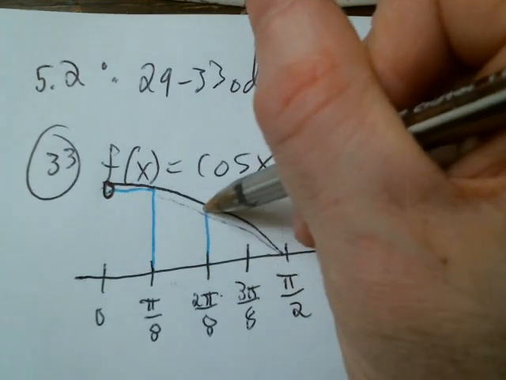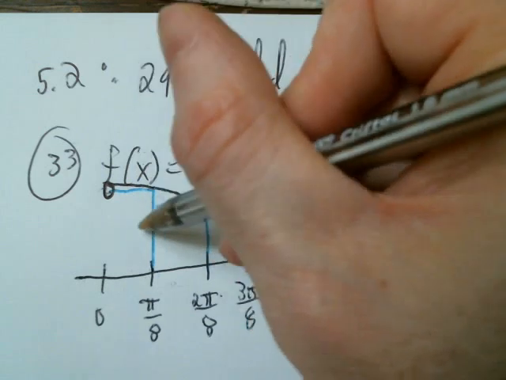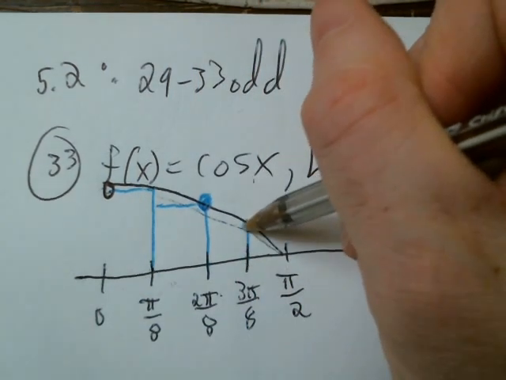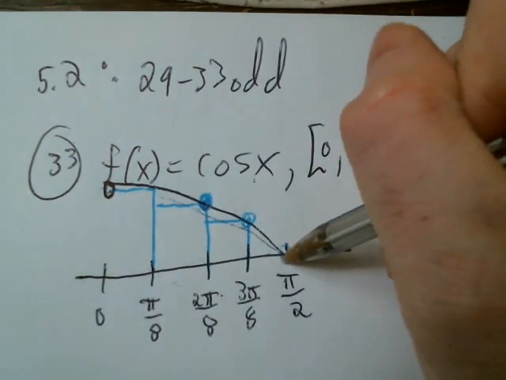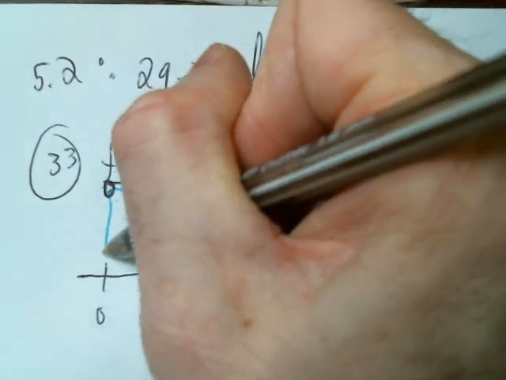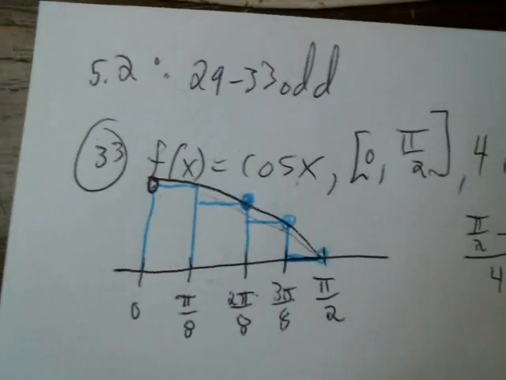So this rectangle, the right top part of the rectangle touches the curve. And this one will just be 0 apparently. Okay, and then what you do is add up the area of those rectangles, and that's one approximation.